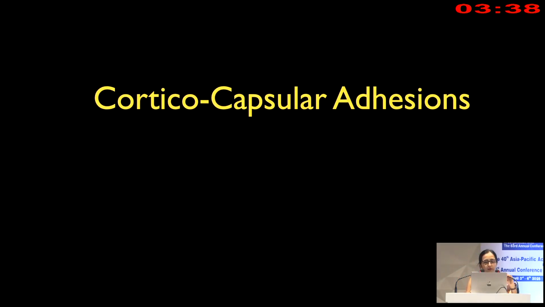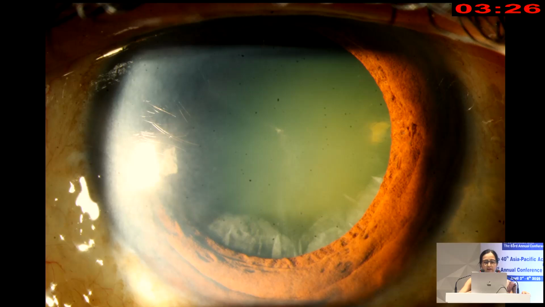And the last part of this talk, I want to talk about corticocapsular adhesions. The most common reason for that snag that happened, why it did not rotate despite doing a good hydrodissection, is the presence of these whitish materials called corticocapsular adhesions. Now biochemically they are basically strong adhesions between the capsule and the underlying cortex.